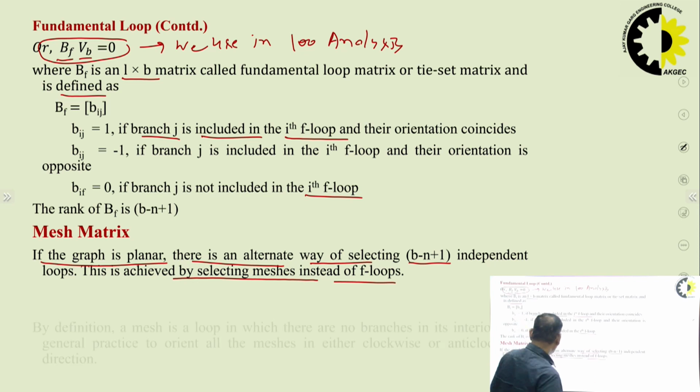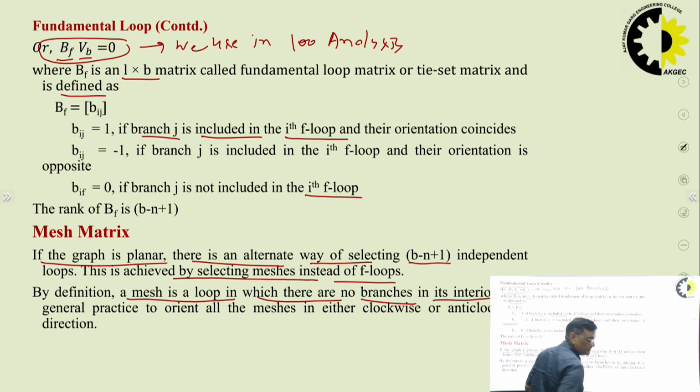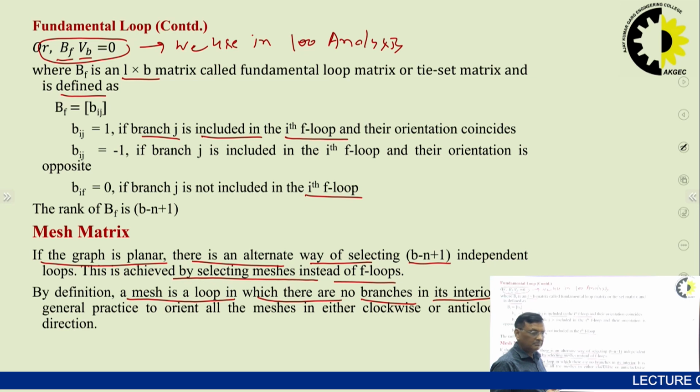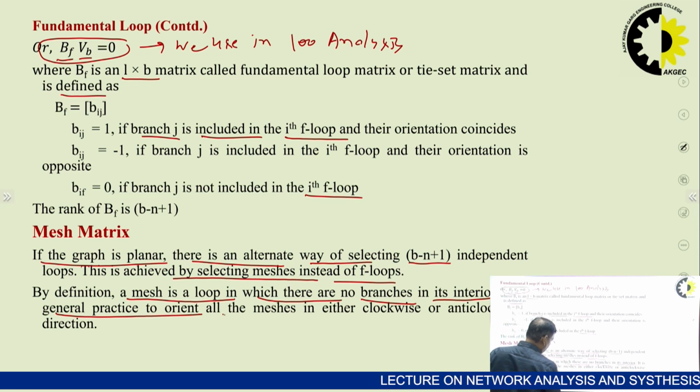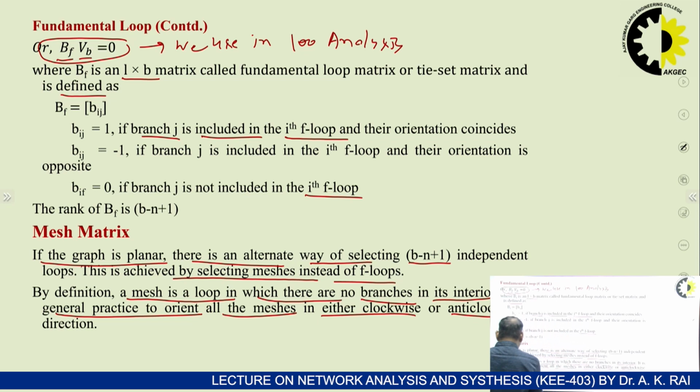By definition, a mesh is a loop in which there are no branches in its interior. All the meshes are loops. It is general practice to orient all the meshes in either clockwise or anti-clockwise direction.